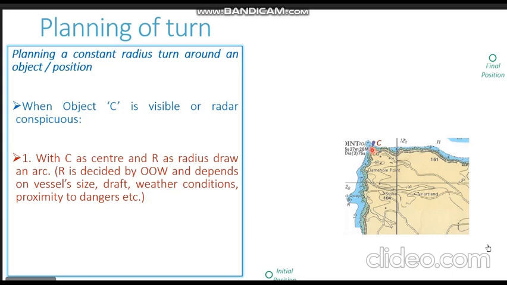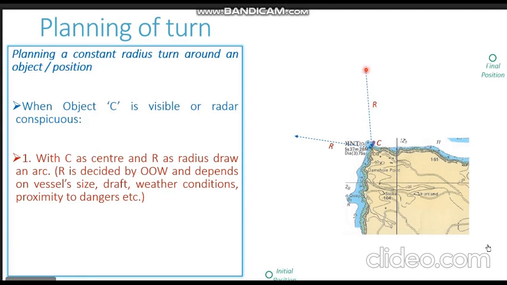Now once the radius is finalized, with C as the center, draw an arc. So let us show the planned radius here. You can see this radius coming up on the screen represented by R. This is our planned radius. So we open up our compass equal to our planned radius. We center our compass at point C and we draw an arc.